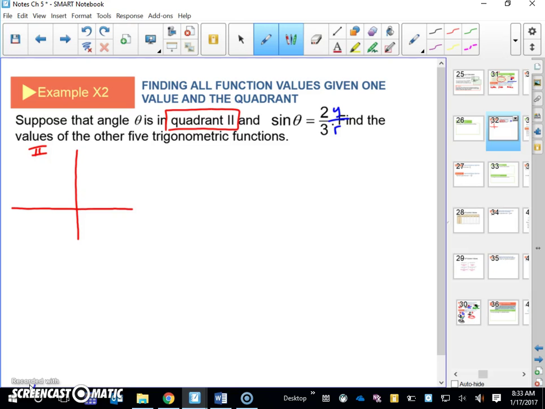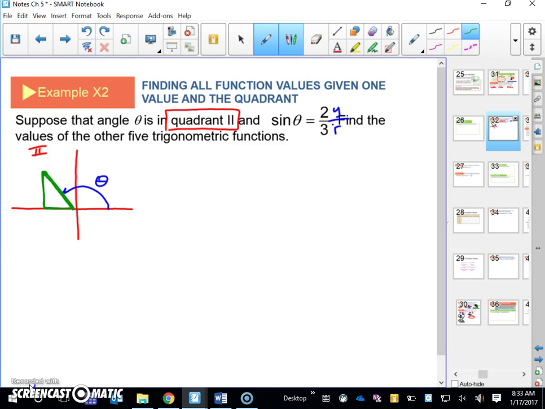And so basically what happens is we're going to have some angle theta putting me into the second quadrant. But what ends up happening is there's a point here, and that ends up defining a right triangle in that quadrant.